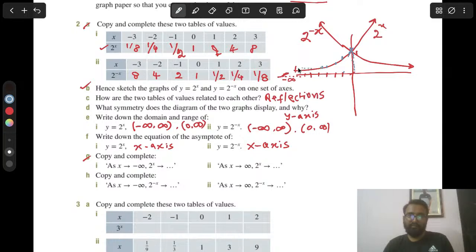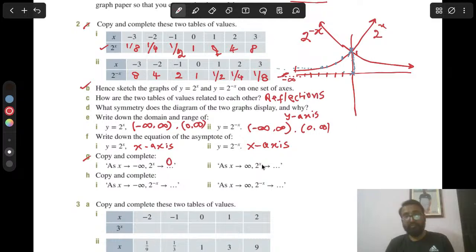So as x extends to minus infinity, where are your values going? To 0. Is it clear? You are going to minus infinite, so that's why your value is 0.